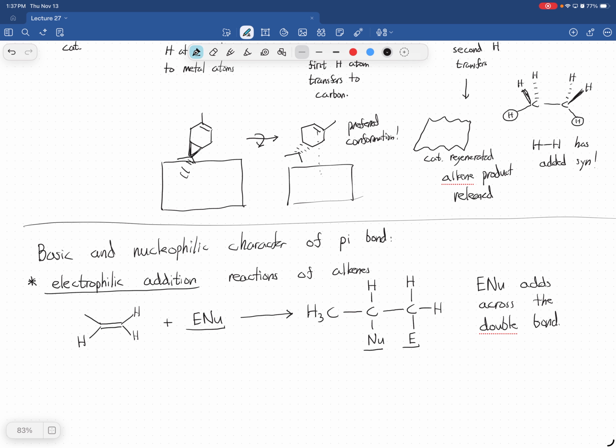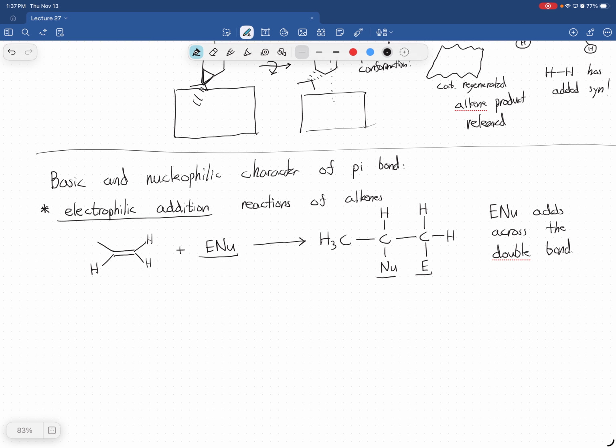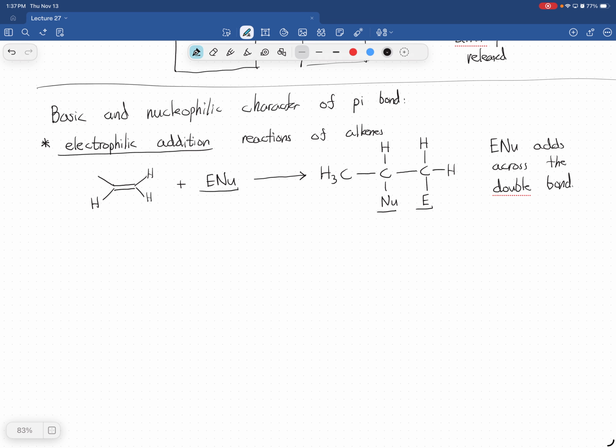All right, so this mechanism is going to be very similar for everything we'll show you, okay? Now, before we get into this, you might say, okay, but which side does E go to, and which side does the nucleophile go to? So there's some ground rules we're going to establish here.